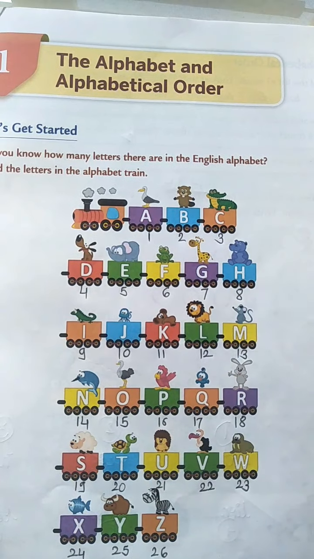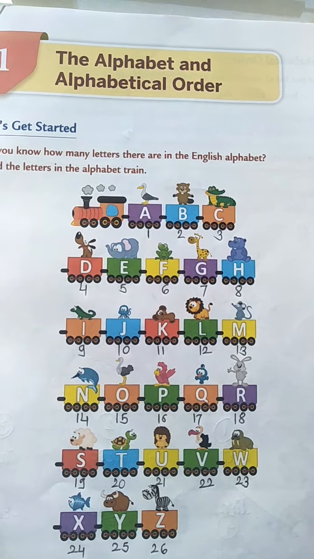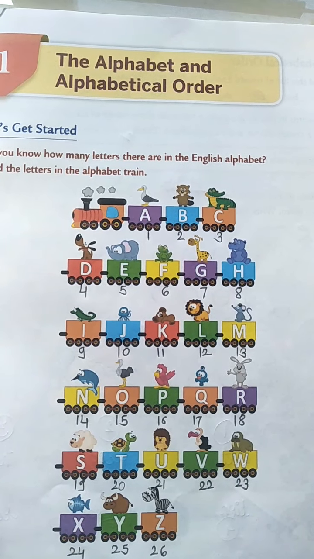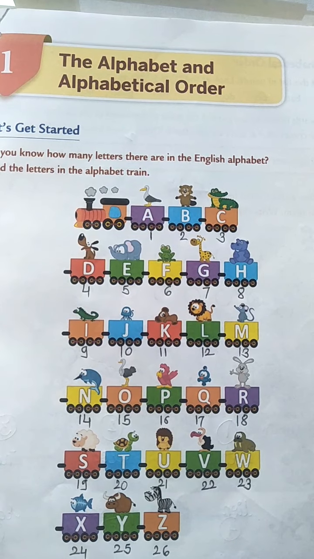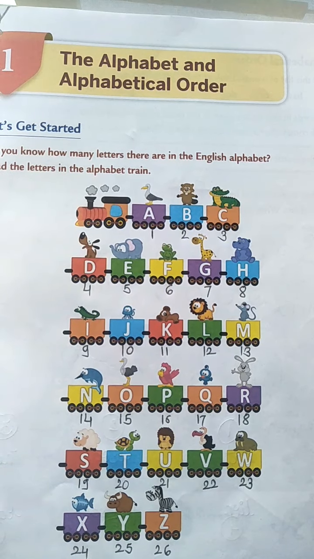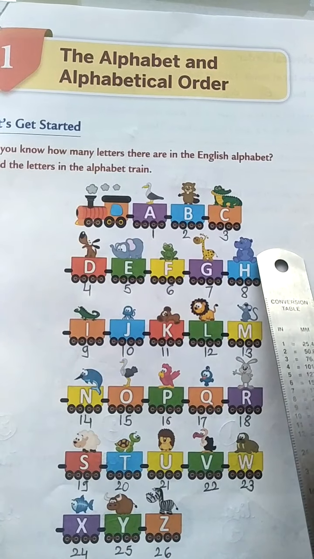Okay? Now kids, one more question here. Why we call this ABC order or alphabetical order? Good. We call this ABC order or alphabetical order because all the letters come sequentially.